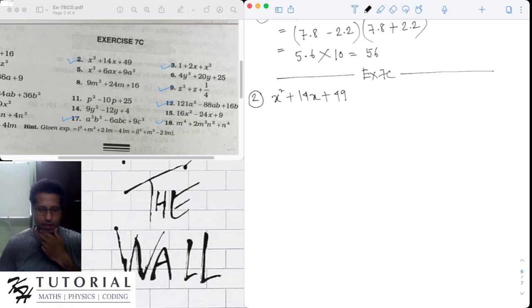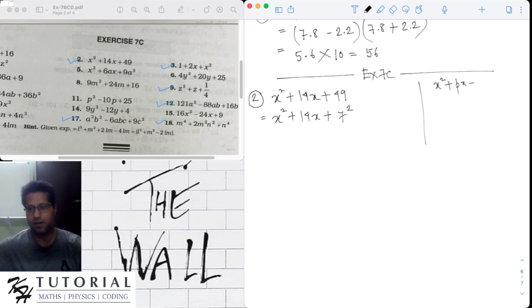You can see that 49 is 7 square. So you can see the terms x square plus 7 square, that is a square plus b square. Now, we know how to factorize a quadratic trinomial of the form x square plus px plus q.